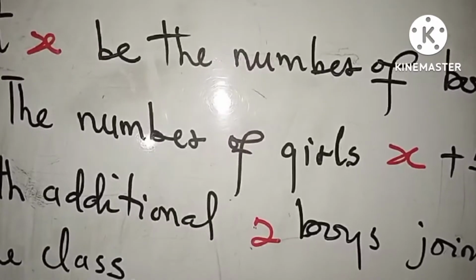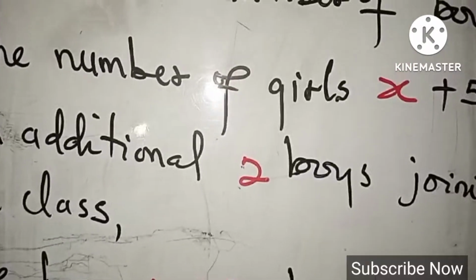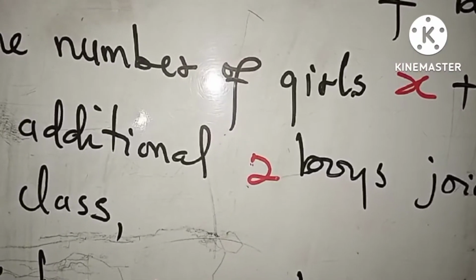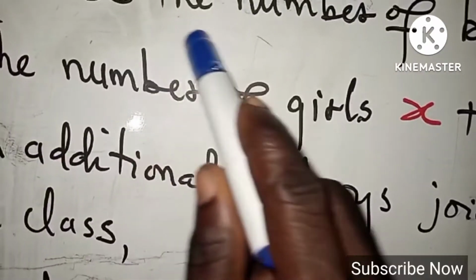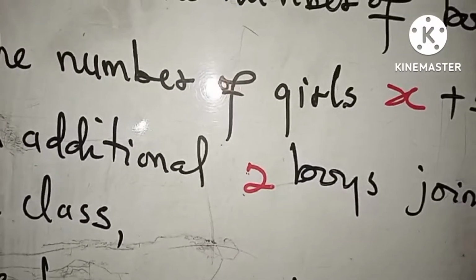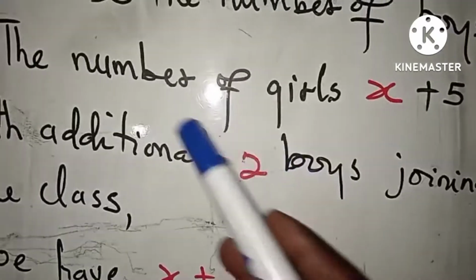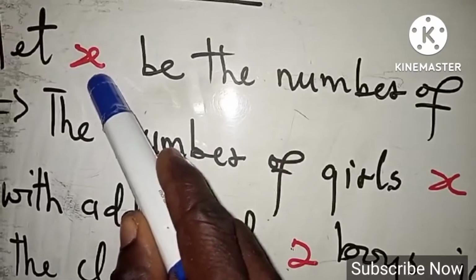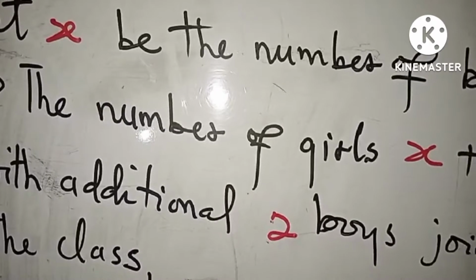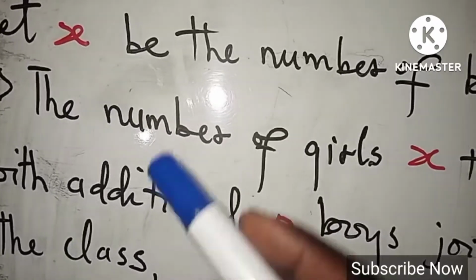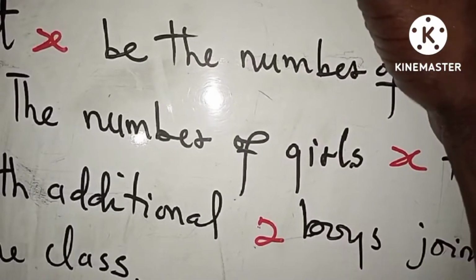The second part says that you have an additional two boys joining the class. Now, if you have x boys in the class, what do you think will be the number of girls in the class? I said that if the boys are 35, then the girls are five more than the boys, so the girls are 40.